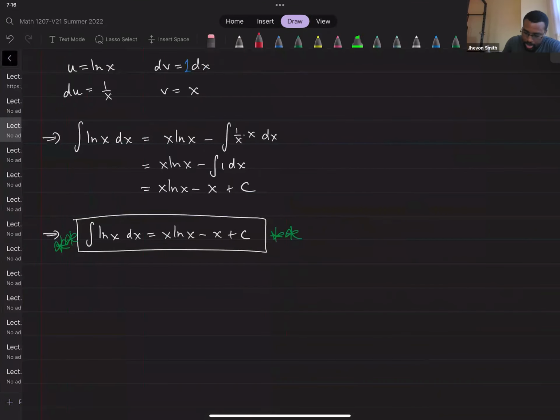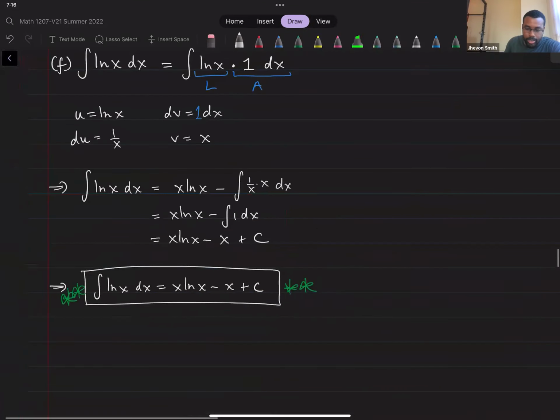So it's just something that I expect you to know now. I don't expect you to have to derive this all the time from integration by parts.